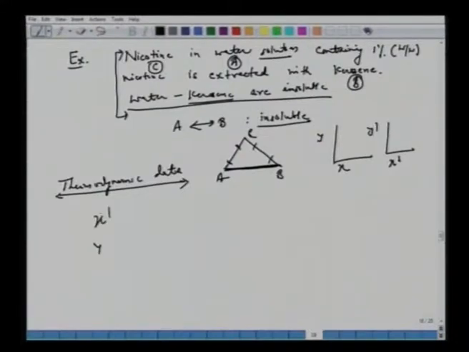You will have the phase data like this: x dash, y dash. You have kg of nicotine per kg of water, and you have kg of nicotine per kg of kerosene.